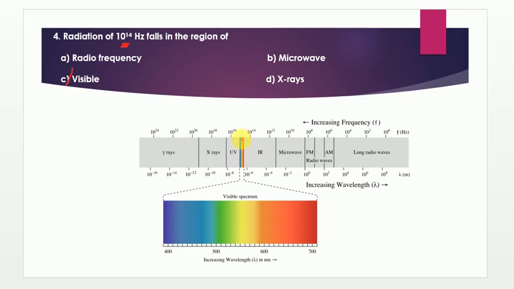Just before this, 10 to the power of 15 Hz is considered the UV region, and after 10 to the power of 13 or 12, there is near IR and far IR, so that is the IR region. So exactly 10 to the power of 14 falls under the visible region. This is responsible for electronic transitions.